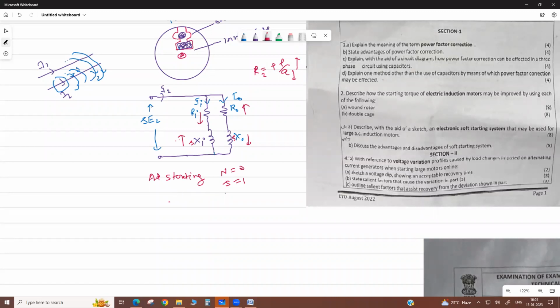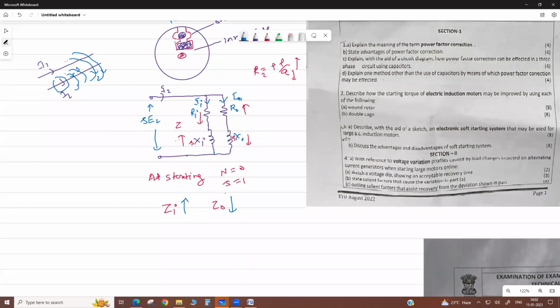So overall, we will come to the impedance of the inner cage and outer cage. Inner cage impedance at starting is high, correct? Due to this, the resistance is low, but the reactance is high because more flux is linked, so overall it is high, because resistance is a small part. This is low. So in starting, the outer cage has high resistance.